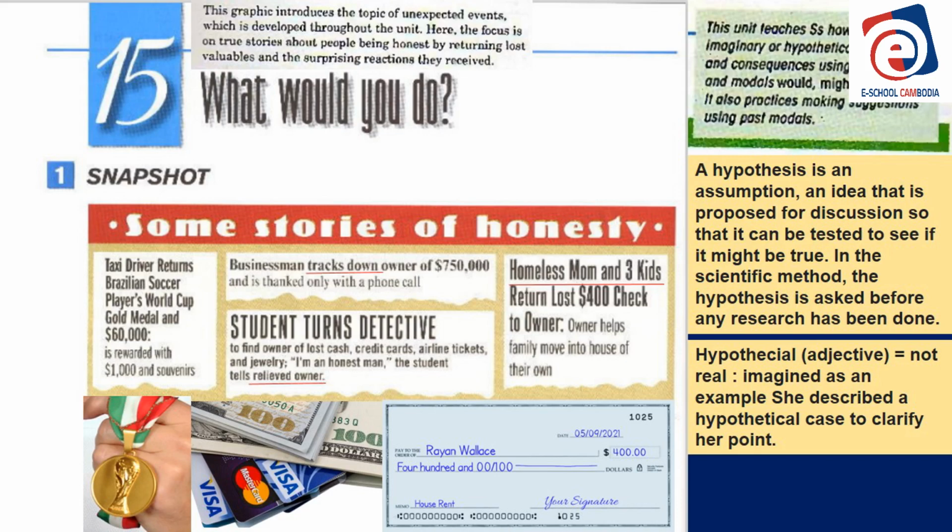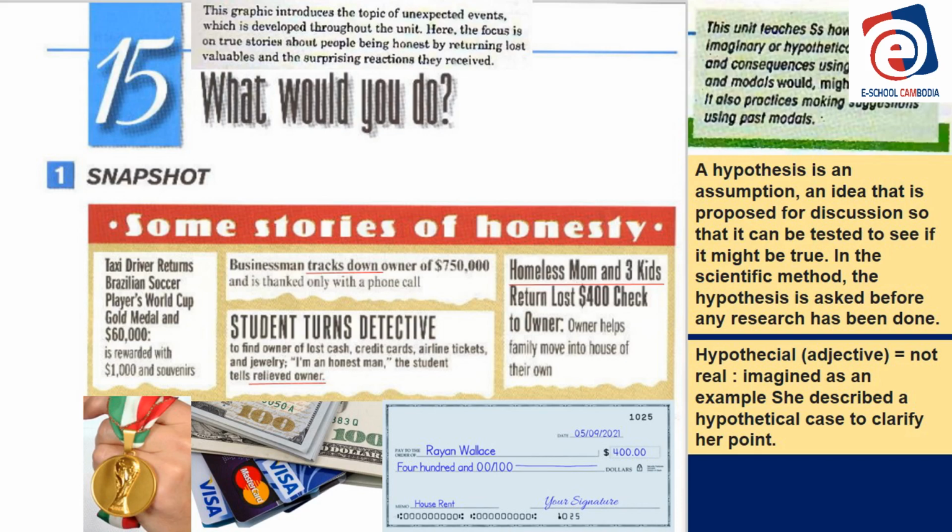Here's another one. Homeless man and 3 kids return lost $400 check to owner. Owner helps family move into house of their own. Wow. $400, only $400. It's a lot to us, but if you compare $750,000 or $60,000 or lost cash and jewelry and credit cards, $400 is not very much.